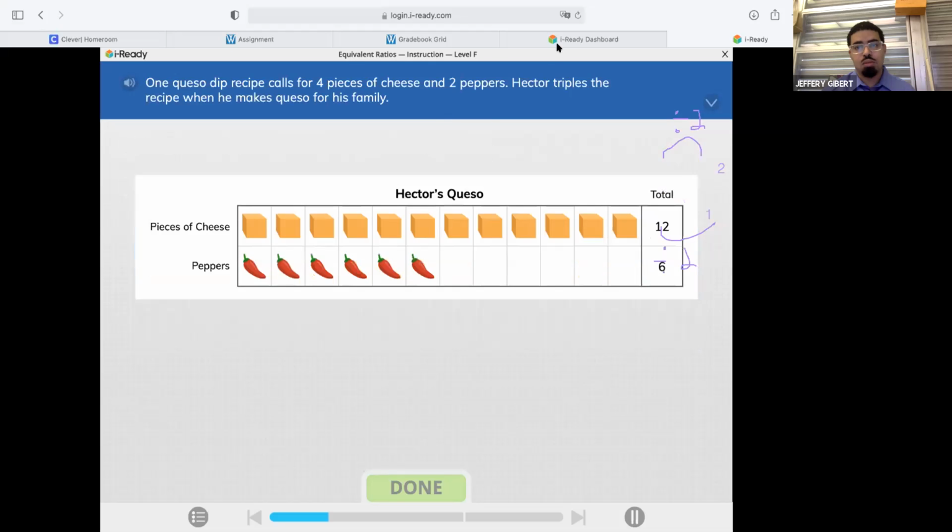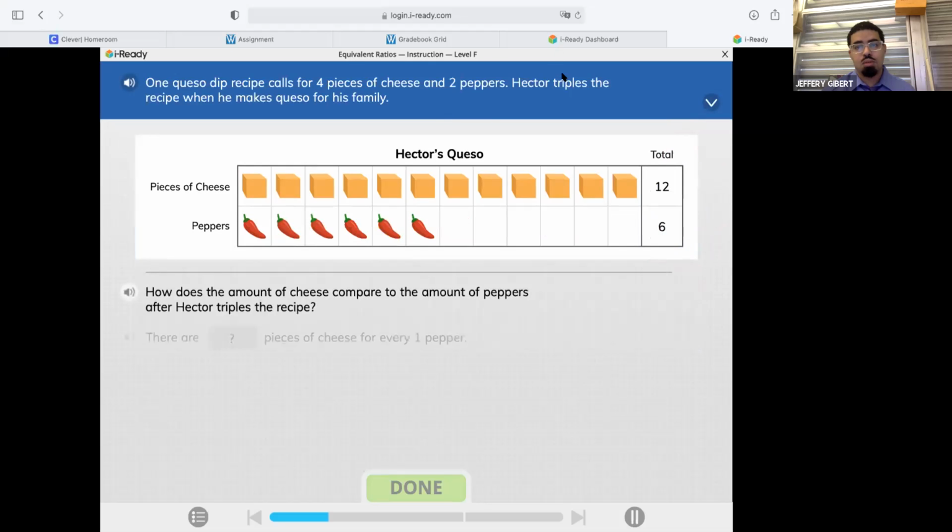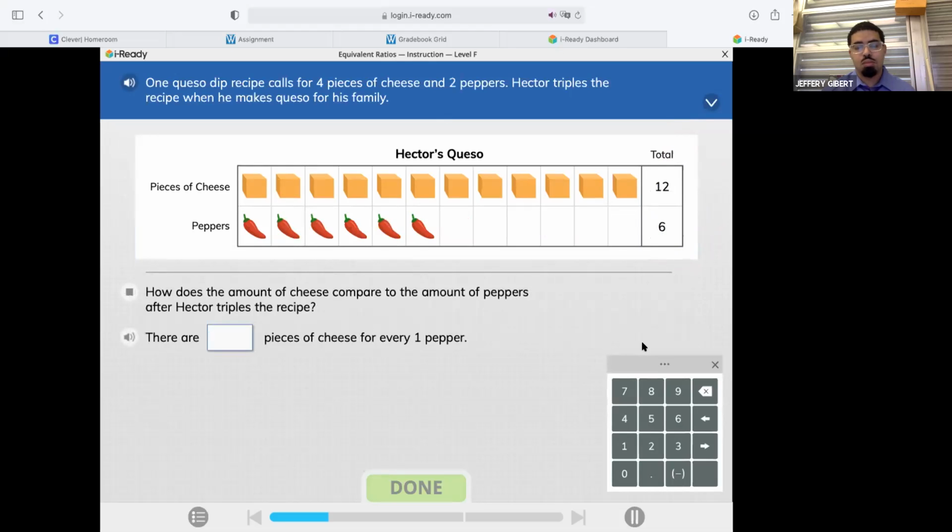Good. How does the amount of cheese compare to the amount of peppers after Hector triples the recipe? All right, so David, how many pieces of cheese are there for every 1 pepper? 2. Yes. How'd you get that?